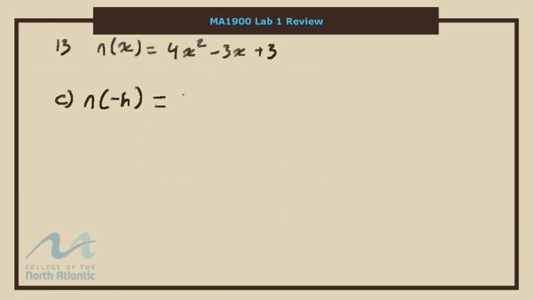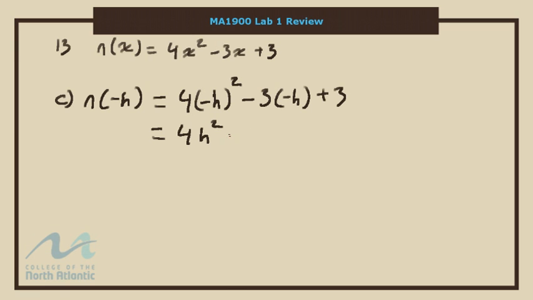We do it the exact same way. 4 times (minus h) squared minus 3 times (minus h) plus 3, which means that we're going to actually have 4h squared plus 3h plus 3. And guess what? That's as far as we can go with that one because we don't know what h actually is.